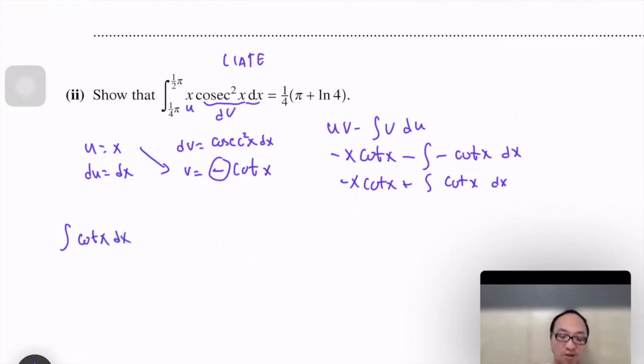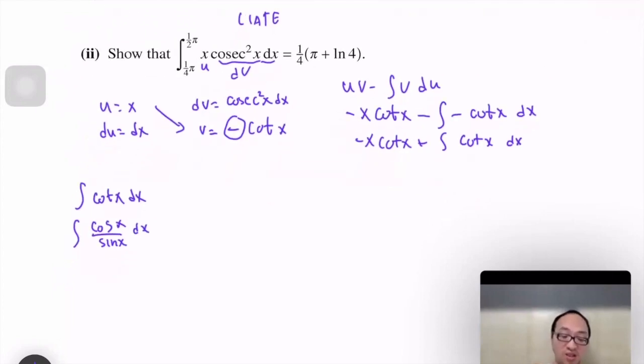Now we can use cotangent is cos x over sin x dx. Using the substitution, I just make u the denominator, sin x. So du is cos x dx.